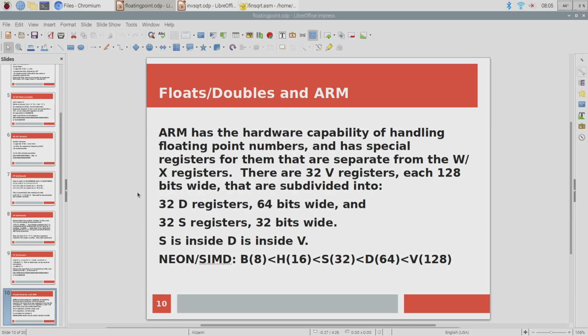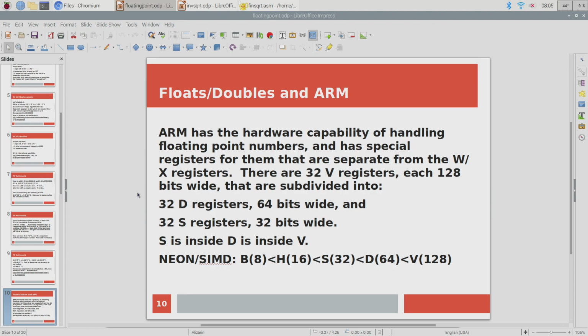So how do we actually use the computer to compute all this stuff? I kind of lied to you last time. We've got 32 of the either X or W registers, depending on which size you're talking about. On the floating point side, there are actually 32 registers called V for vector, and they're 128 bits wide. You can subdivide these into a bunch of different chunks, and we'll talk about one other subdivision method later.